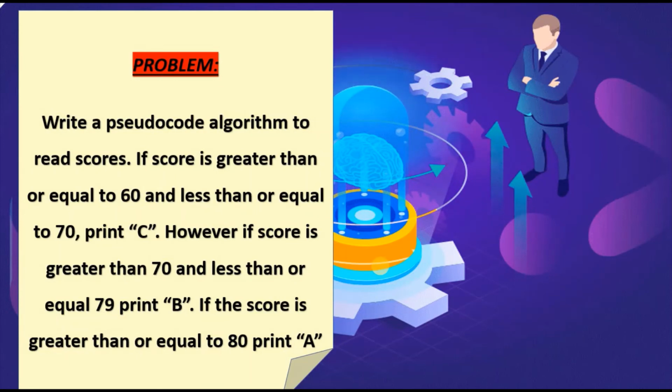Now it says to write a pseudocode algorithm to read scores. If the score is greater than or equal to 60 and less than or equal to 70, we would print the letter C. However, if the score is greater than 70 and less than or equal to 79, we would print the letter B. If the score is greater than or equal to 80, then we would print the letter A. So as you can see, this problem is a little bit more advanced than the previous ones, as this would be requiring us to do 3 things.